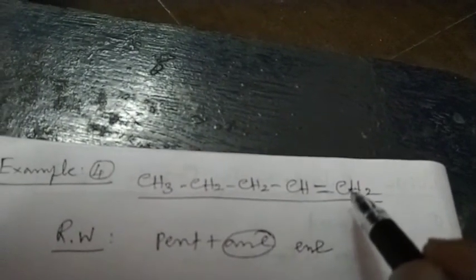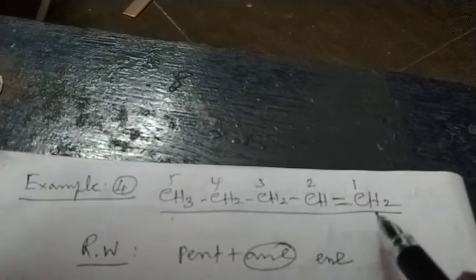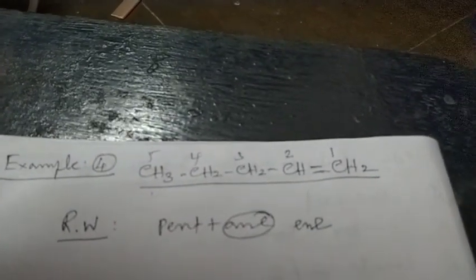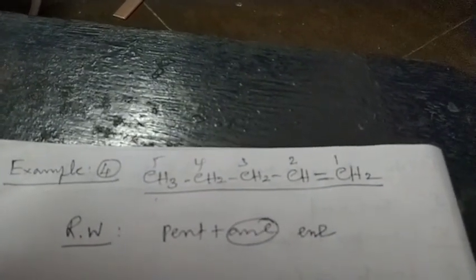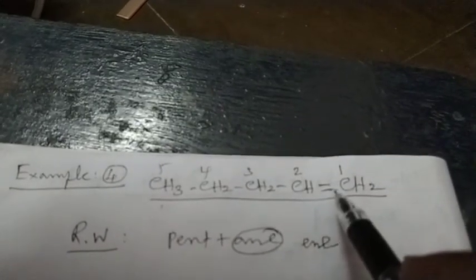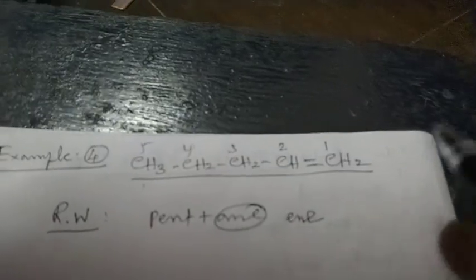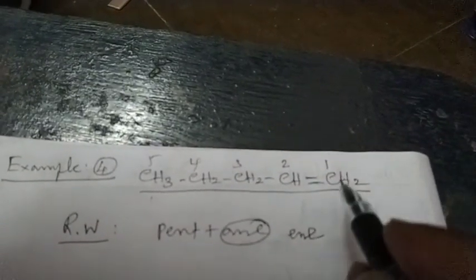So we have to start from the right-hand side and number the carbon atoms 1, 2, 3, 4, 5, not from the left-hand side, because that would not give the double bond carbon the lowest possible number.